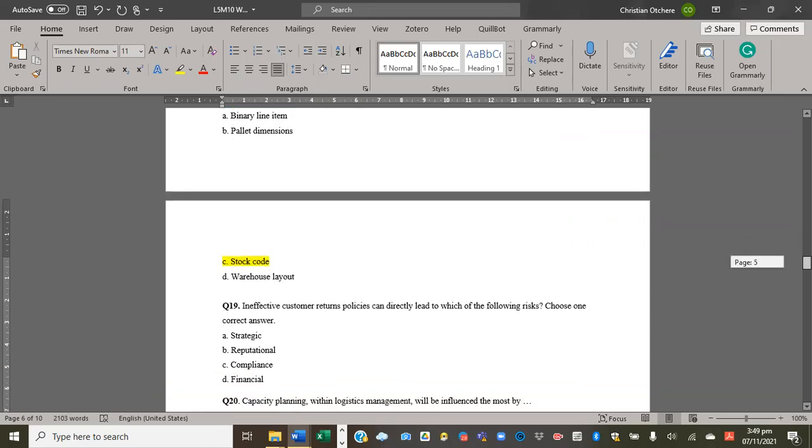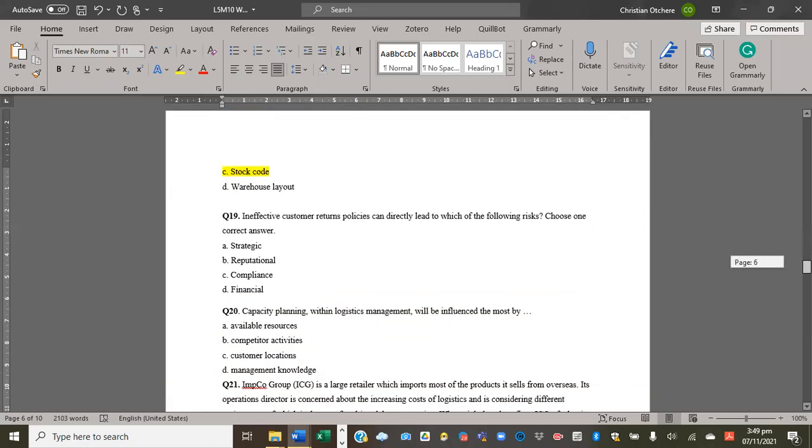So then we can look at question 19. Ineffective customer return policies can directly lead to which of the following risks? This one.